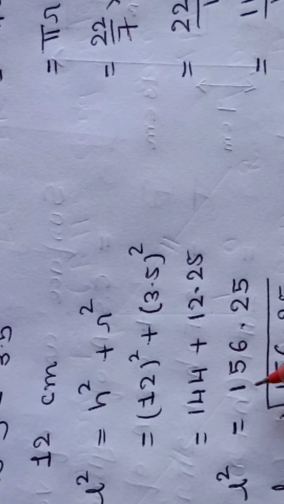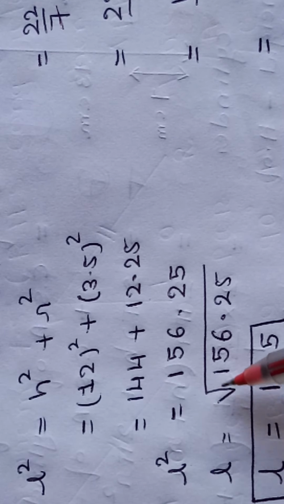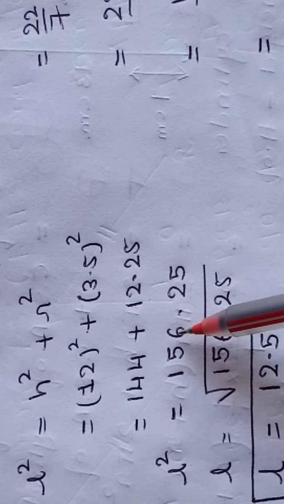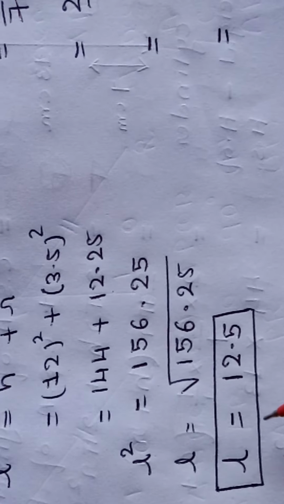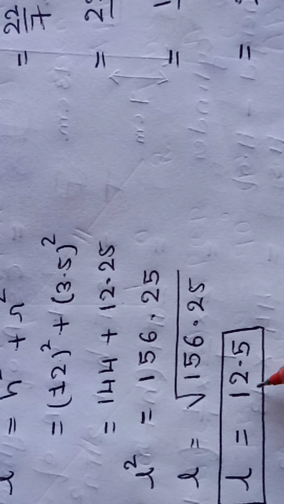When you add these two, it is 156.25, which is l square. But to find l, we have to take the square root of 156.25. Using the division method, the answer is 12.5. So the slant height is 12.5.